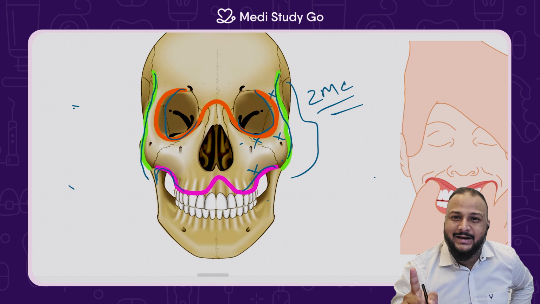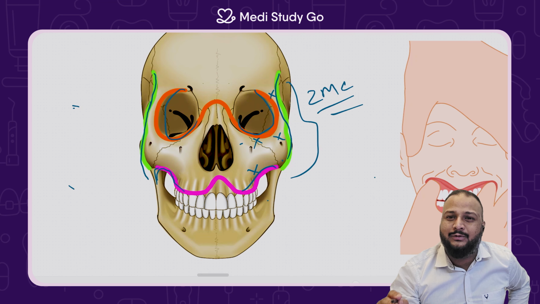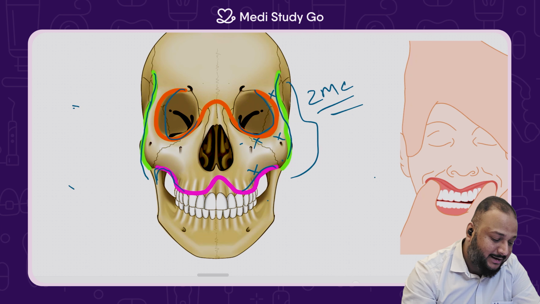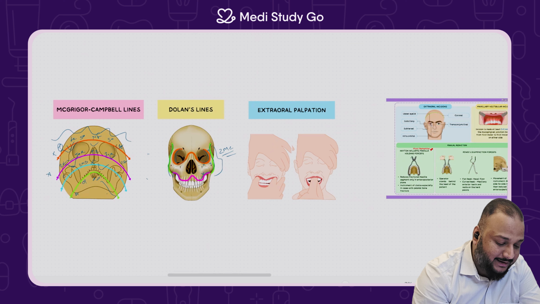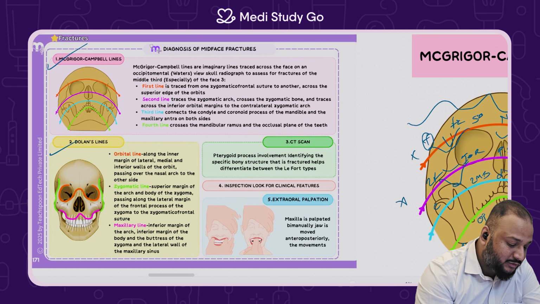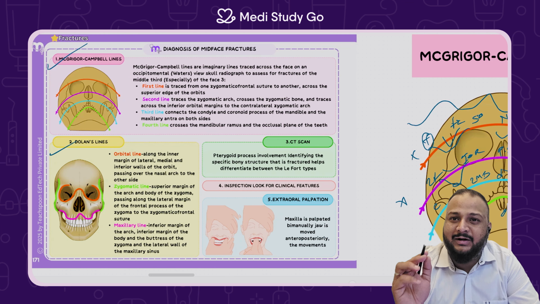This is a very, very important viva point. A Dolan's elephant is always traced on a 30-degree submentovertex view or a Waters view or a PNS view. And when you see this elephant and it appears distorted, it means we are suspecting a fracture of the midfacial area.